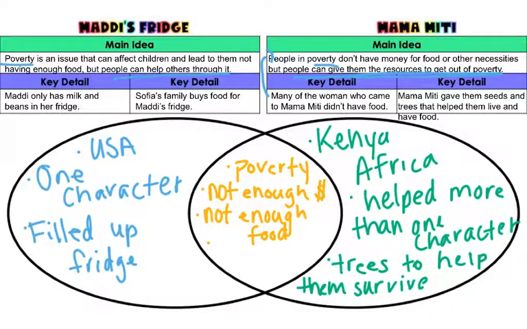And then it even talked about someone helping. There's a helper in there to help them get through the problem. And it dealt with kids. So we just compared Maddie's Fridge to Mama Mitty.